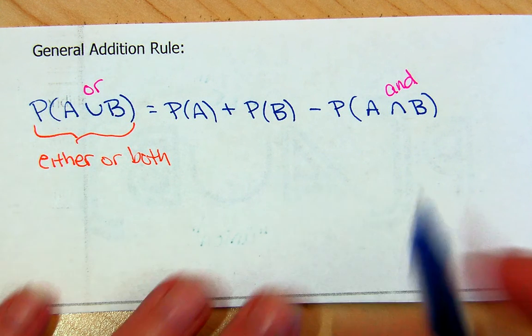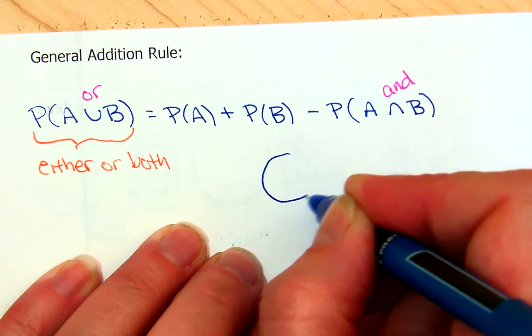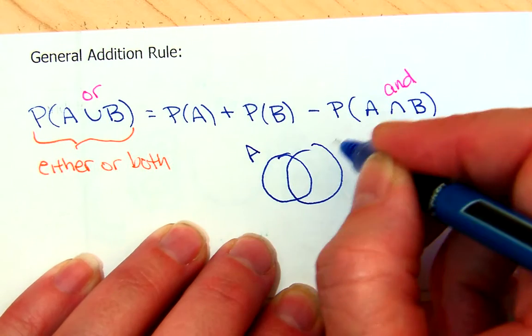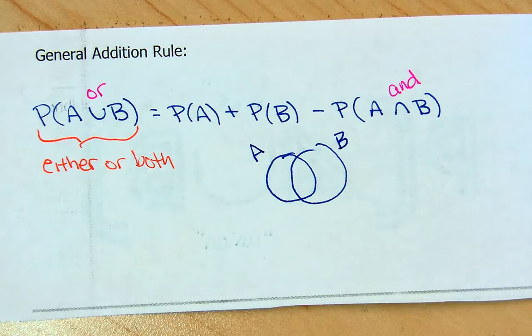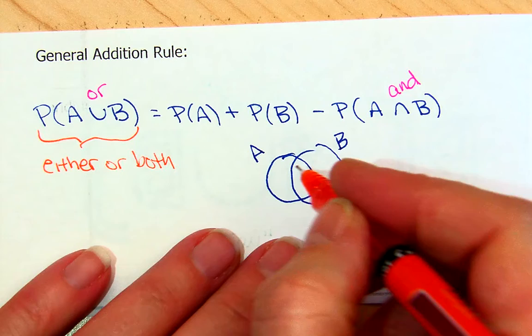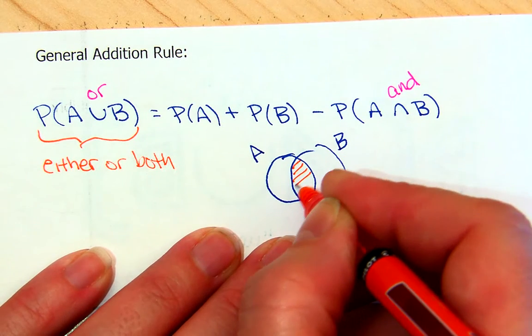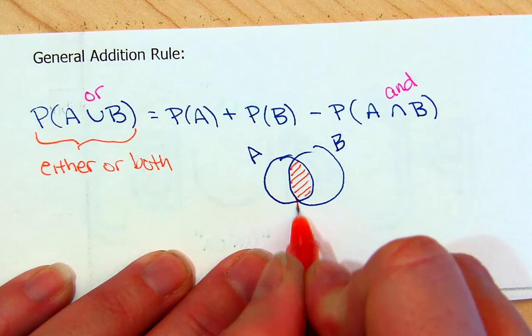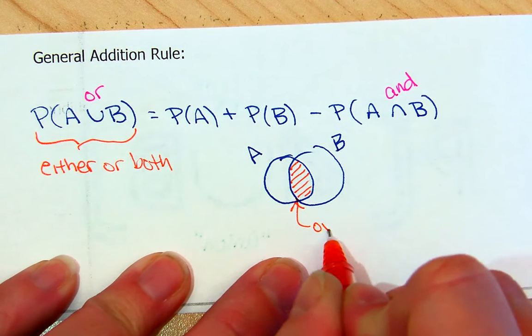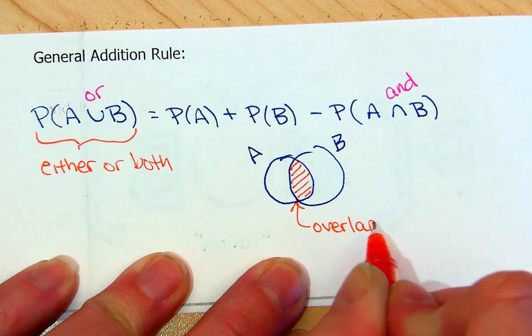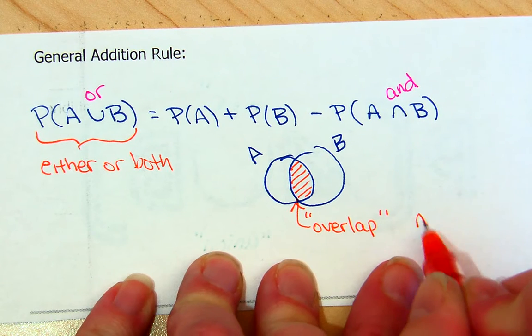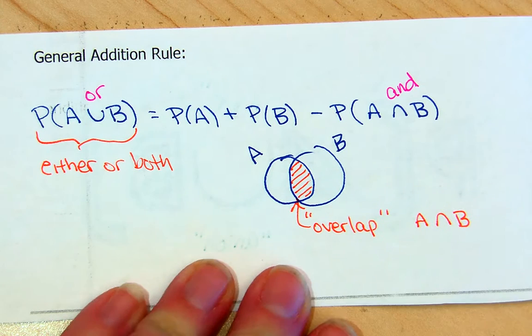So if we're looking at this like a Venn diagram, A here, B here, and this is our overlap. This is the A and B.